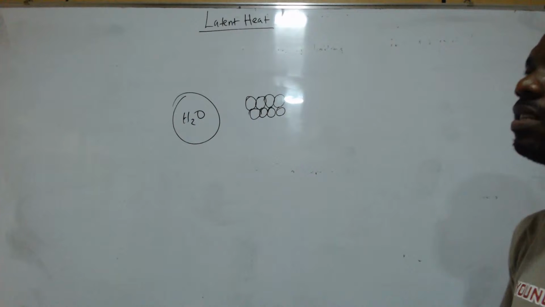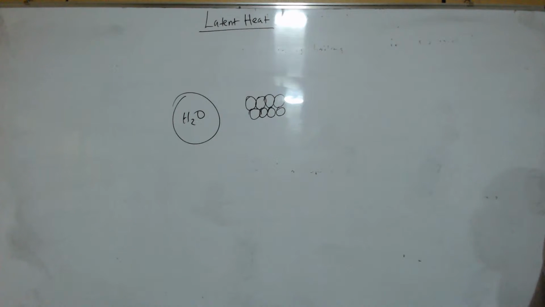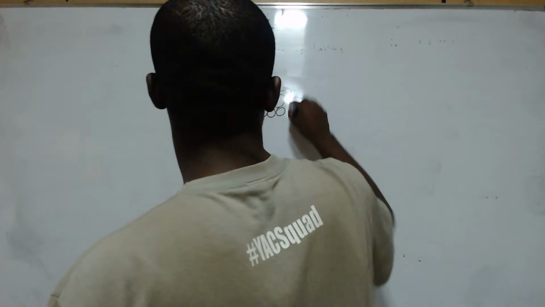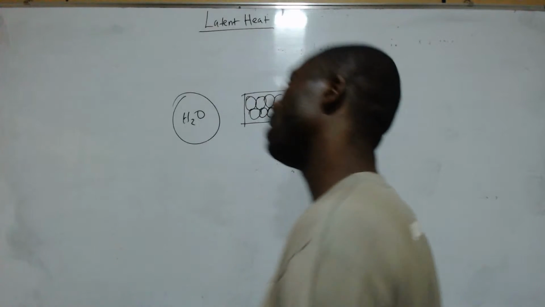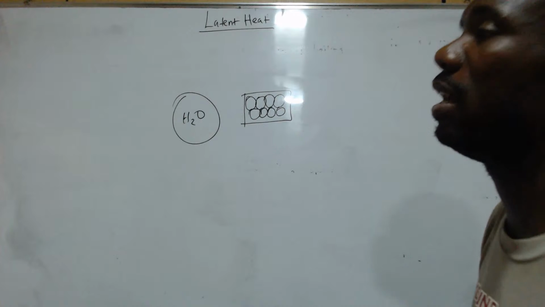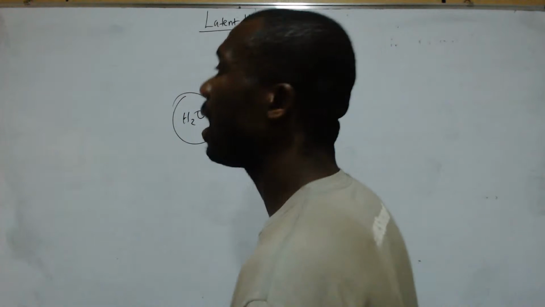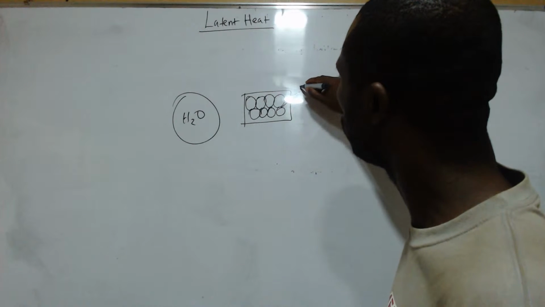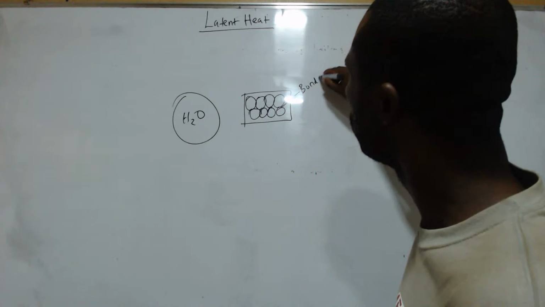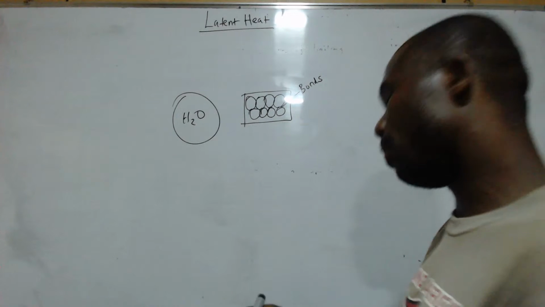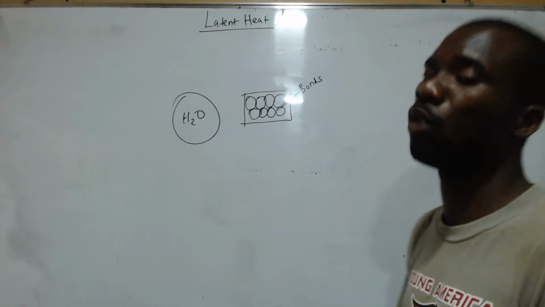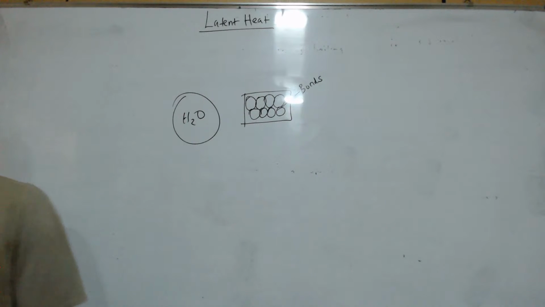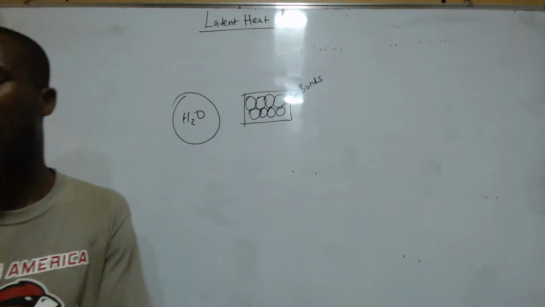But what happens is that when you heat water, the forces or the bonds that hold the molecules of water together need to be broken. And once these bonds are broken, the water will change from one state to another.